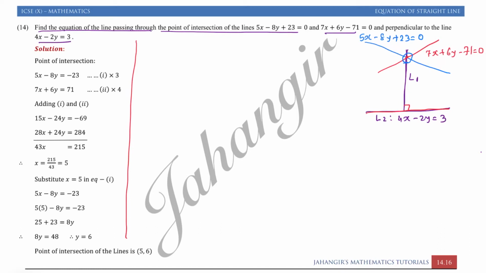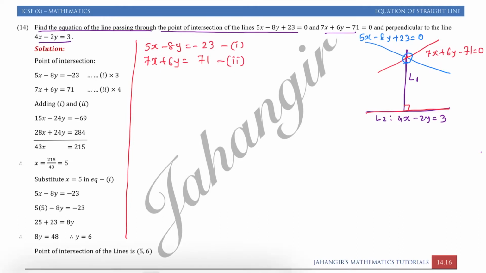So first let's find the point of intersection. 5x minus 8y is equal to minus 23. This is my equation 1. 7x plus 6y is equal to 71. This is my equation 2.